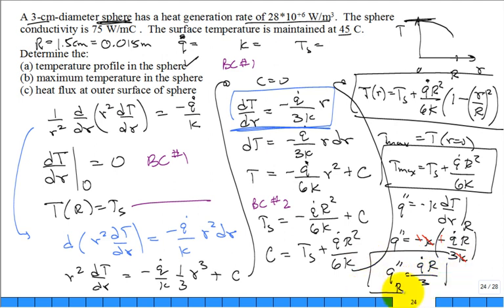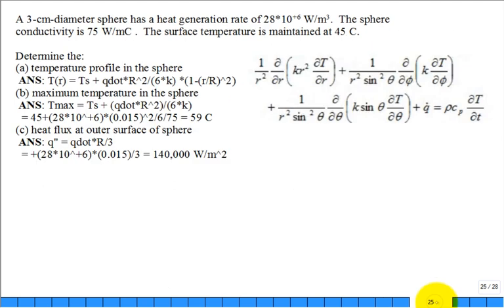This is very, very similar, the whole approach, to the previous problem. We're almost done. I have a question for you, but let me show you this first. So this was the same equation. If you put in the numeric values, the heat flux at the outer surface is 140,000 watts per meter squared.